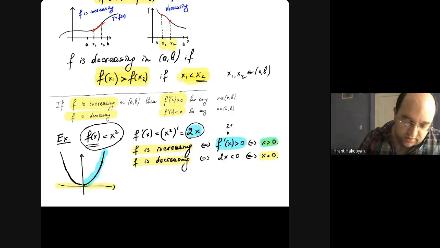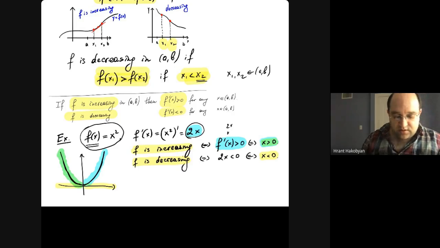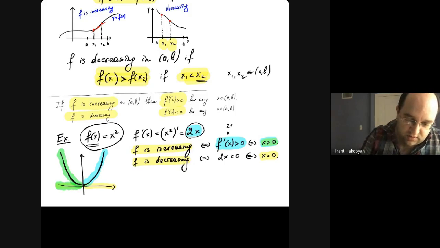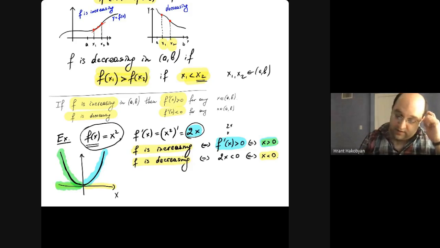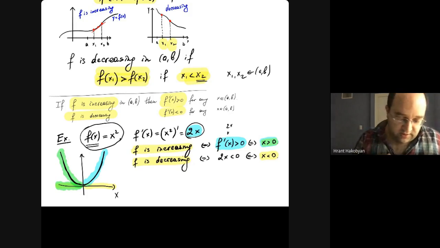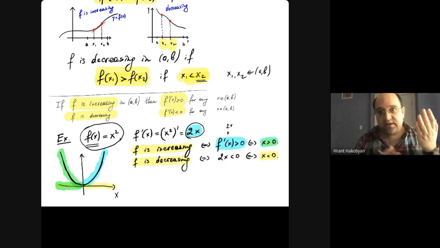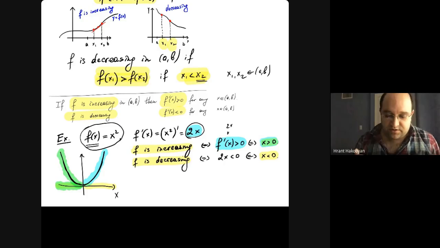And it's decreasing here for negative values of x. The x here is negative, and that's the same place where the derivative is negative. So again, derivative positive, the function is increasing. Derivative negative, the function is decreasing.